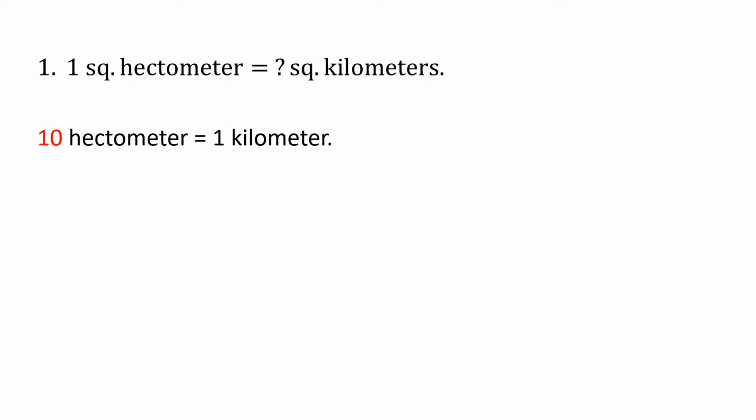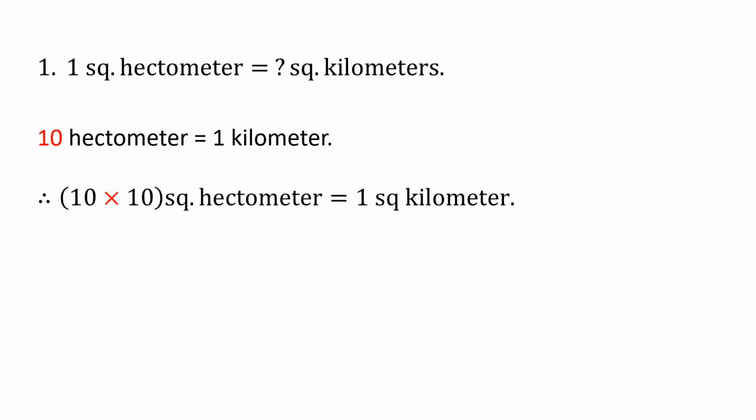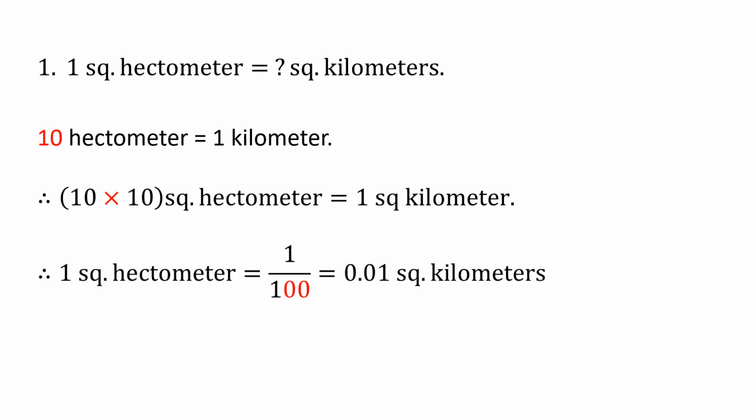So we need to multiply not by 10 but 10 times 10 to get square kilometers. So 10 times 10 square hectometers equal 1 square kilometer. That means 1 square hectometer equals 1 divided by 100, or 0.01 square kilometers.